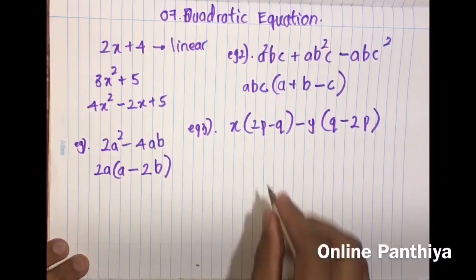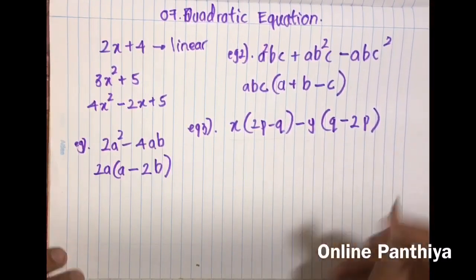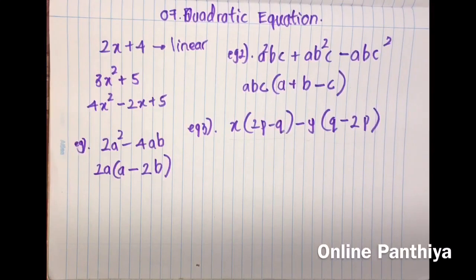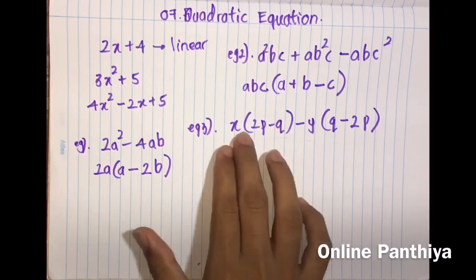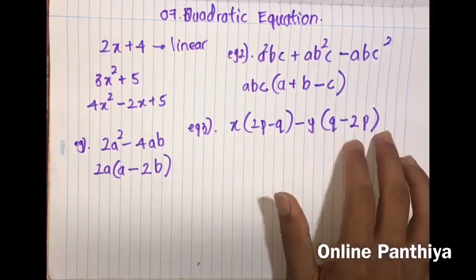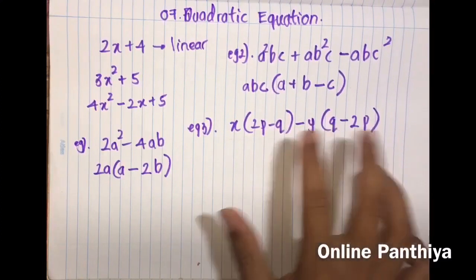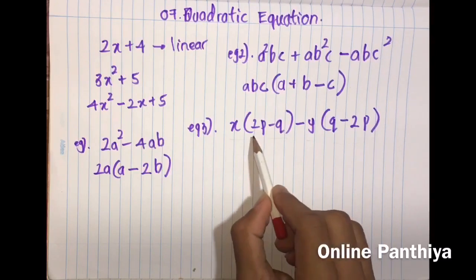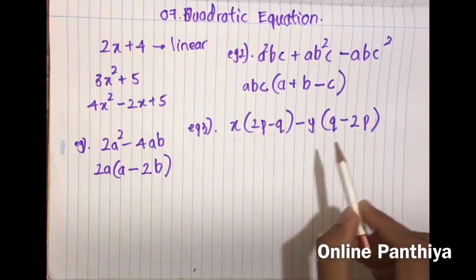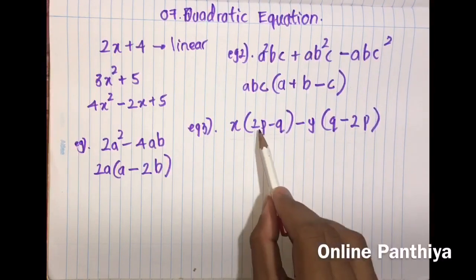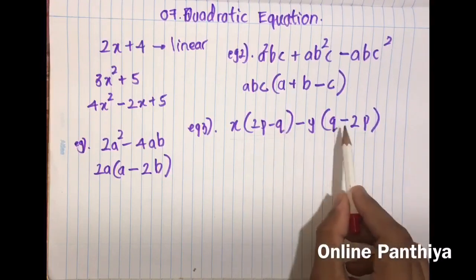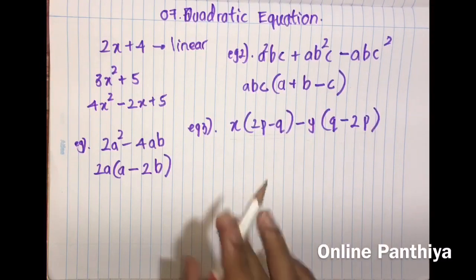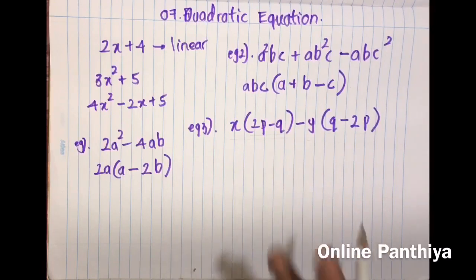This all together makes one term, and this all together is like one term. Okay, now how do you factorize? From these two terms, the whole terms, do you have common ones? No, right? But you can observe that what is inside the bracket looks a bit similar. Here you have 2p minus q, here you have q minus 2p. A small change in sign.